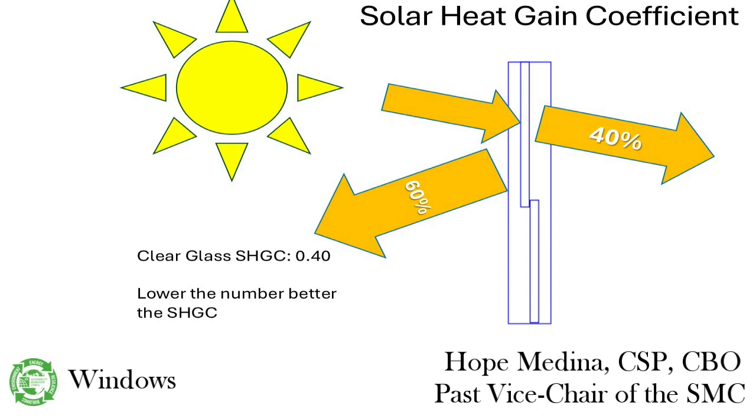If it were to show you that the solar heat gain coefficient was a 0.40, this would indicate that 40% of the solar heat is passing through the window into the structure, and 60% of the solar heat is being reflected from the structure itself.